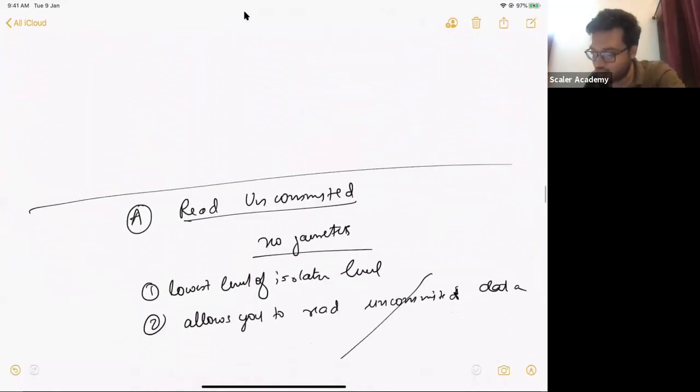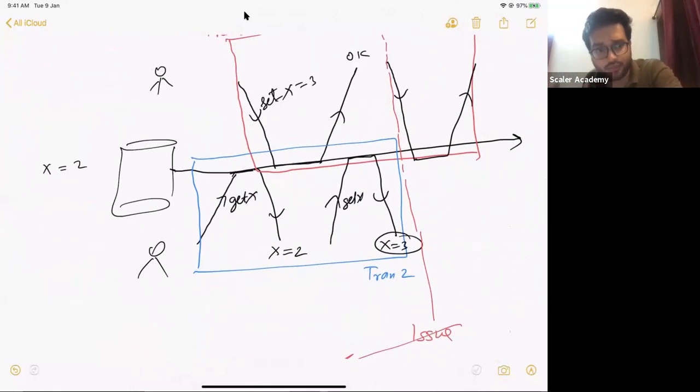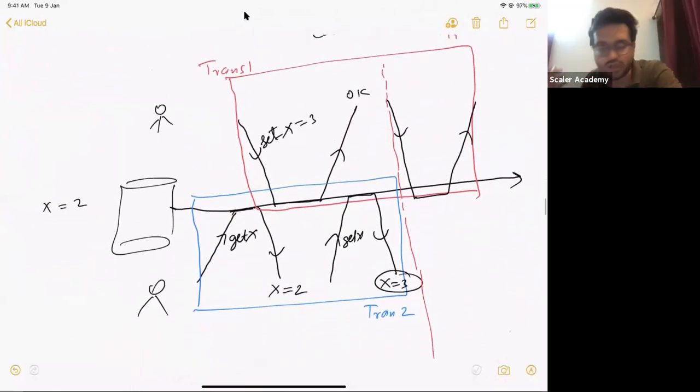We then saw an example where this would create a lot of issues and our users would not be happy, or maybe the kind of application that we want to build, we would not be able to build. Of course, I'm not saying that none of the applications in this world can use read uncommitted.